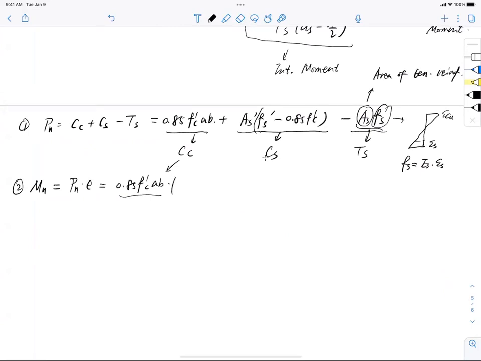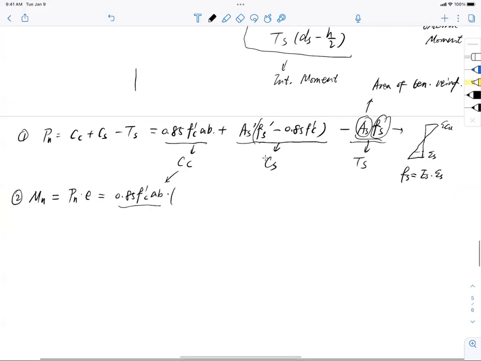Instead of taking a random position, we sum the moment with respect to the centroid of the section, so that is half h. To find the distance for the coupled moment, we take the distance from the center of the total force to the neutral axis. So here it is half h minus half a.